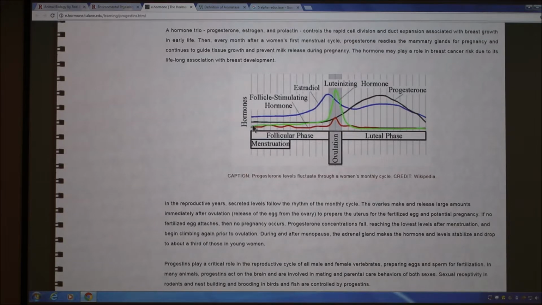In some of the reading, here's something you got to be careful about with hormones. Somebody will say, oh, we did this study and progesterone levels were higher in group B than group A. You really got to understand hormone stuff to see if the data is true. What if they goofed up?